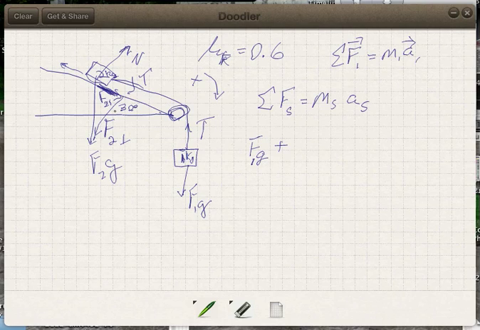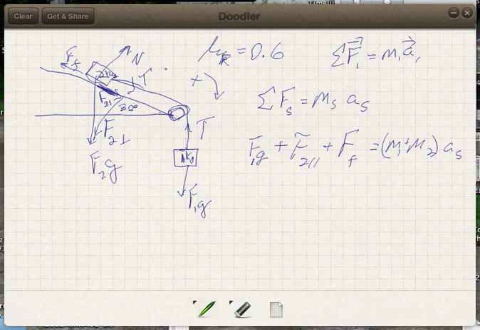We recognize that this component of gravity is pulling into the surface and does not accelerate the system. Only this parallel component does. So I'm going to call that force 2 parallel. And then there's another force, the force of friction here, plus the force of friction is equal to the mass of the system, which is mass 1 plus mass 2, times the acceleration of the system.